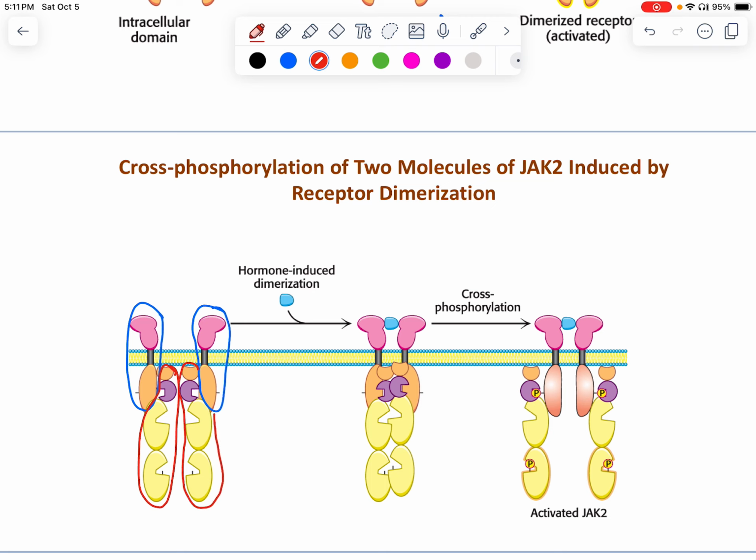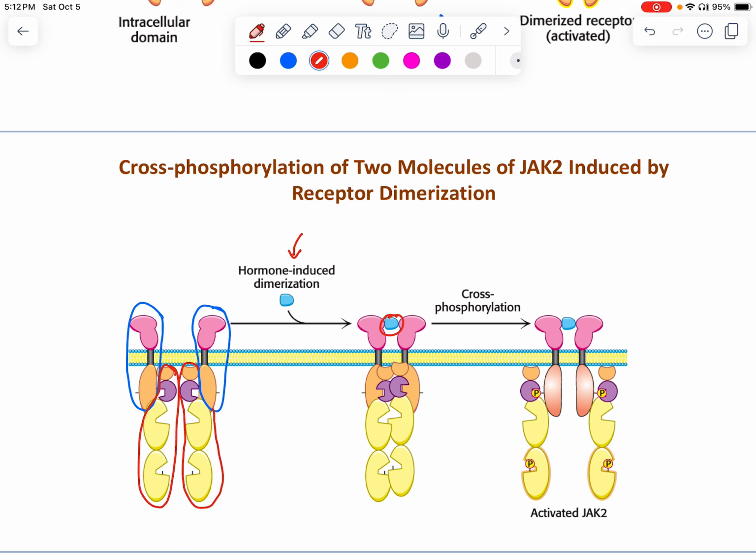So there's one of those on each. This JAK2 stands for Janus kinase 2. You don't need to know that. That's just what it is. And so we have these receptors. We have this hormone-induced dimerization. They bond to some hormone right here, and it pulls these two together.